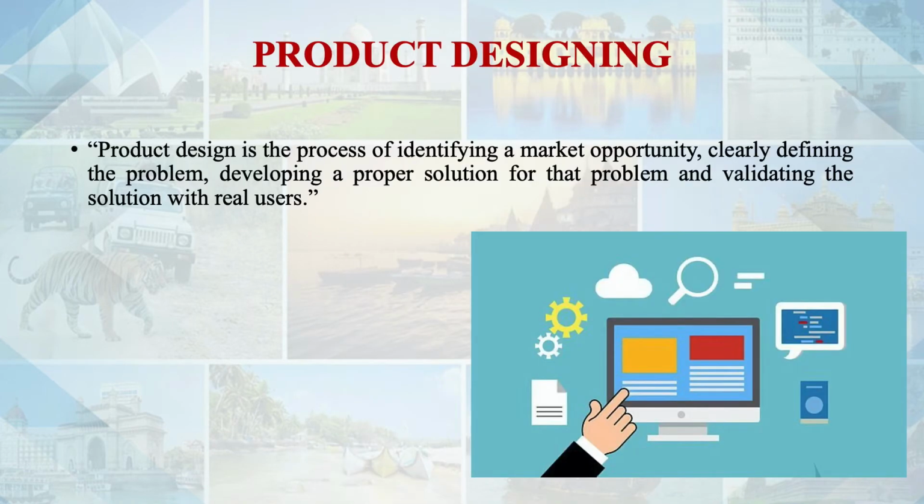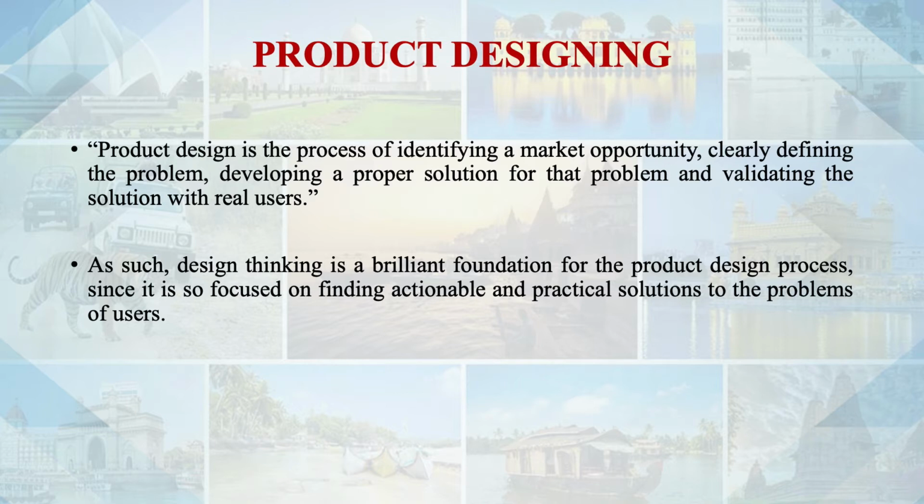Let us now discuss the key principles of product design. Product design is the process of identifying a market opportunity, clearly defining the problem, developing a proper solution for that particular problem and validating the solution with the real users. As such, design thinking is a brilliant foundation for the product design process, since it is so focused on finding actionable and practical solutions to the problems of real users.